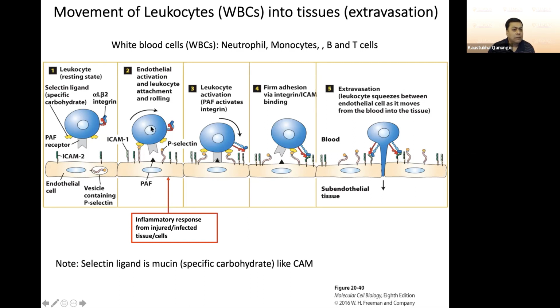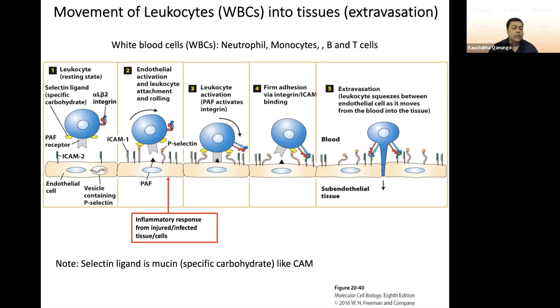The function for this is that earlier, when there is no signal, the leukocyte will just pass quickly. I highly suggest you watch the video, because that clearly shows that when there is no activation, the leukocytes are passing through the blood flow very fast, and then you will see how it rolls. The rolling is clearly shown in that real microscopic picture.